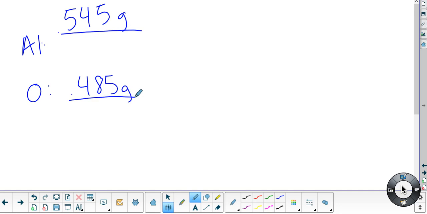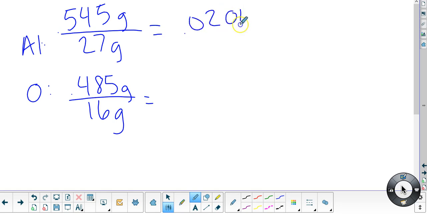Mass to mole, that's just one step going from mass to mole. Divide by the molar mass. So on the periodic table, you'd find 27 grams for aluminum, 16 grams for oxygen. You get 0.020185, 0.0303125.